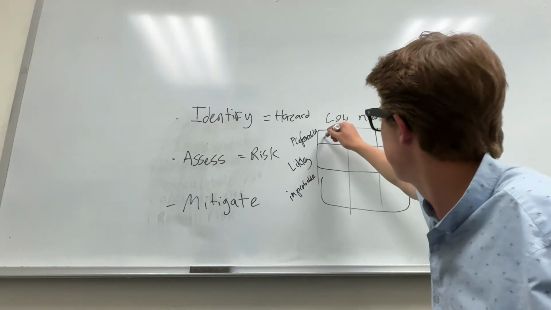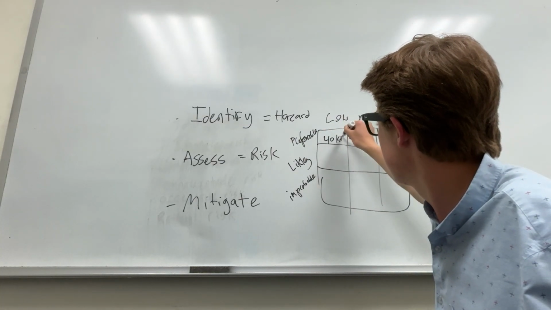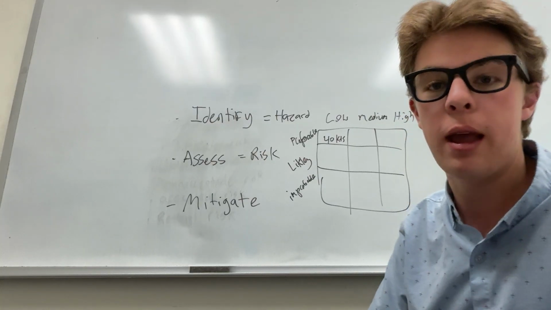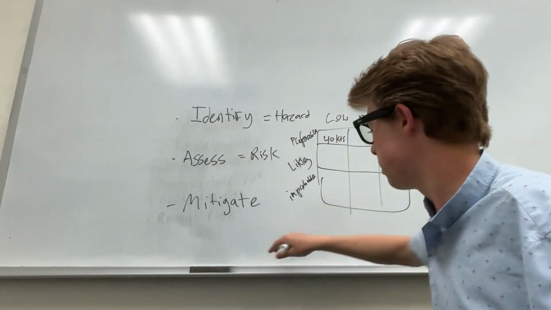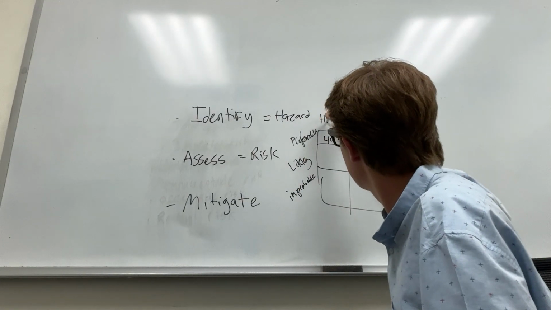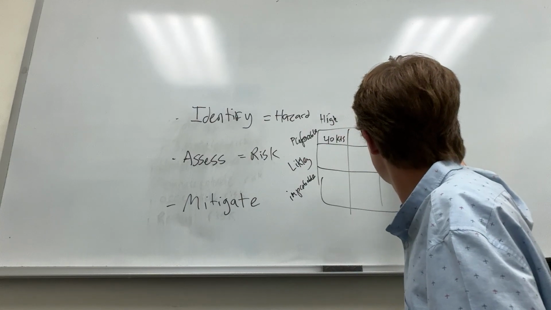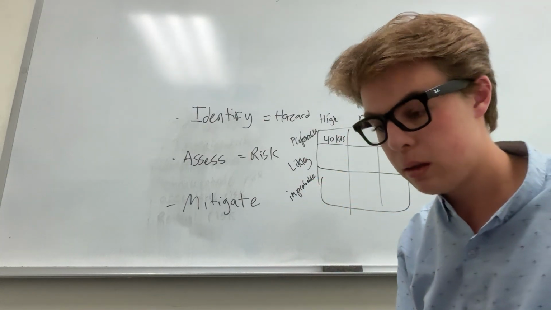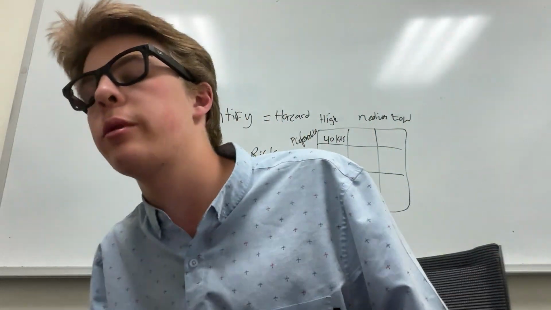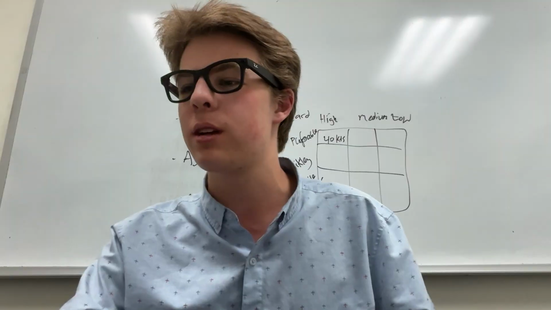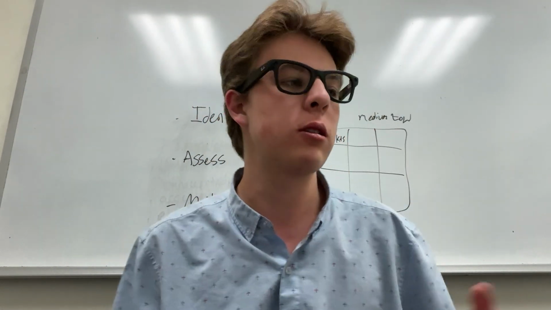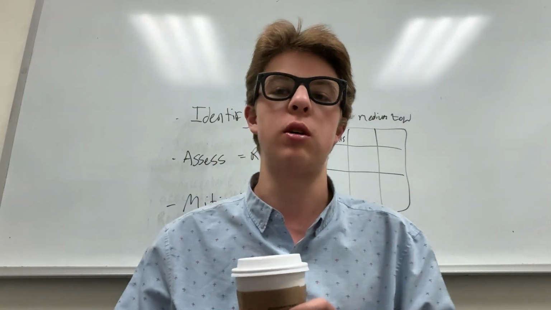And you could pick 40 knot winds. 40 knots of wind is something that's probable because it's gusting outside, and it's likely to cause undesirable hazards that could impact your flight, right? So it's as simple as making just a Punnett square looking flight risk assessment tool, right? And the best part about them is that when you look at it on the ground, you're more likely to say no if it's something that you don't agree with.